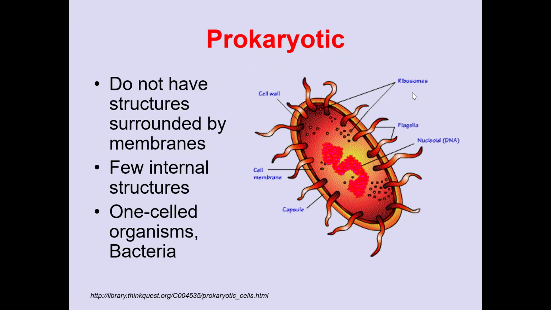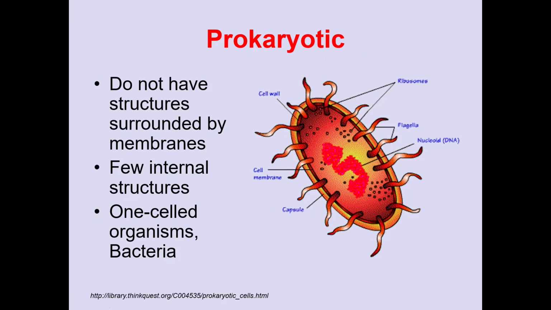Now, let's quickly look at the prokaryotic cell in detail. This is a picture that represents the prokaryotic cell, and in bacteria, this is a typical example of a bacterial cell.